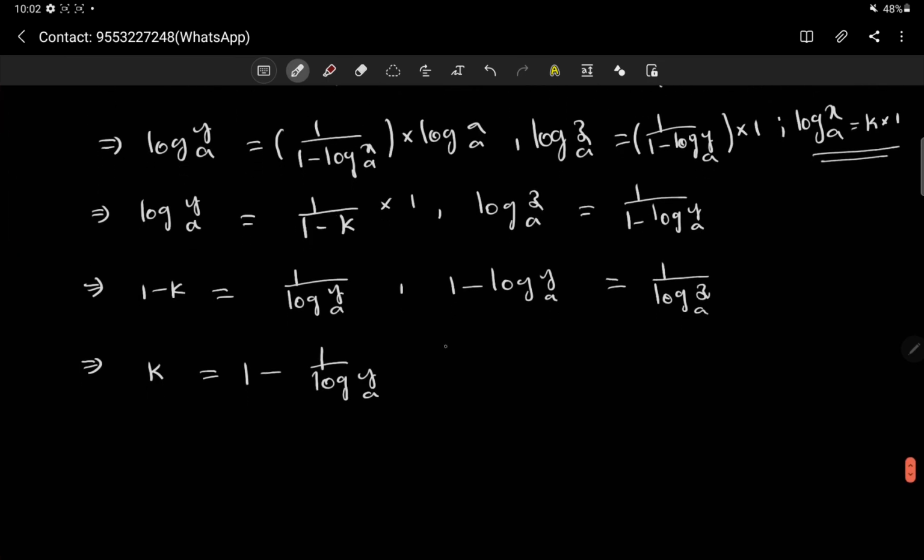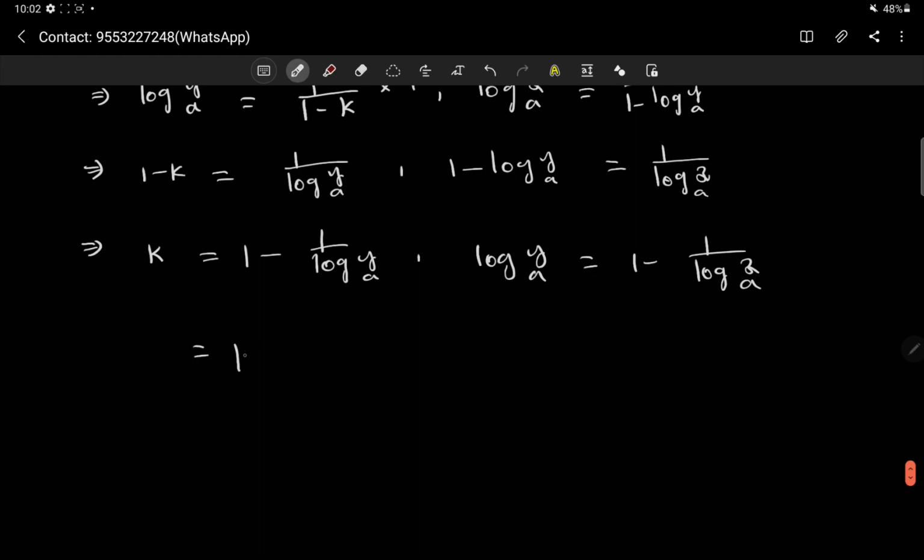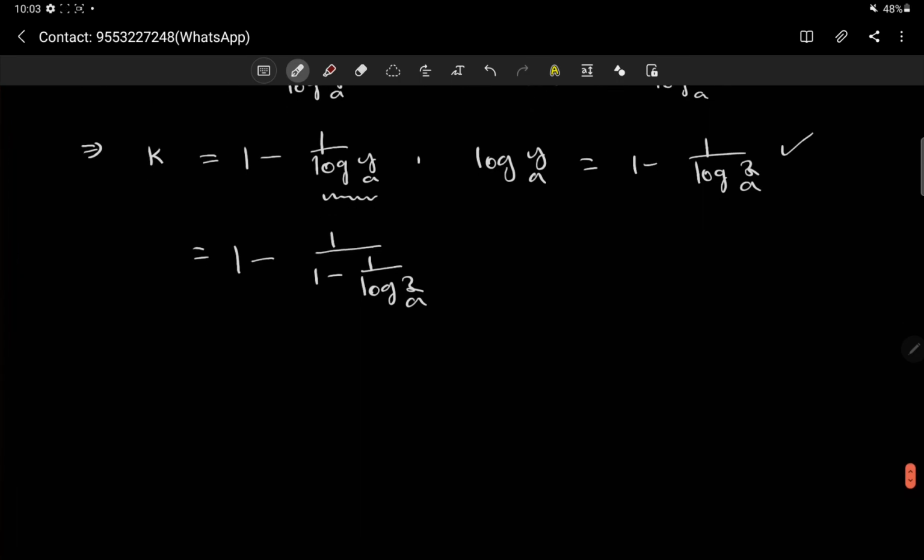And from here, log y base a is equal to 1 minus 1 by log z base a. So k is equal to 1 minus, in place of log y base a, we can write 1 minus 1 by log z base a.